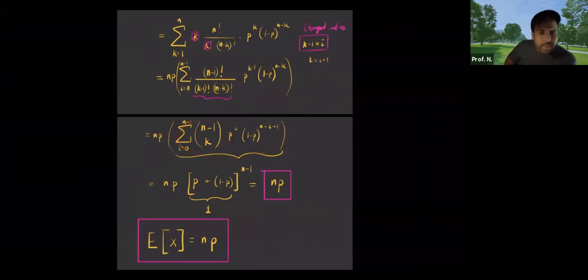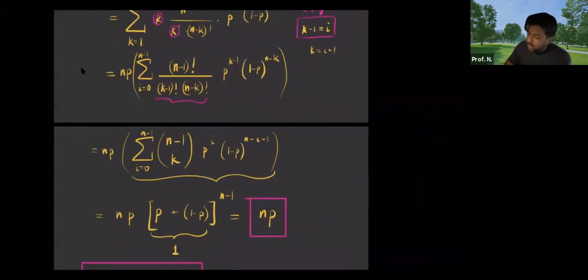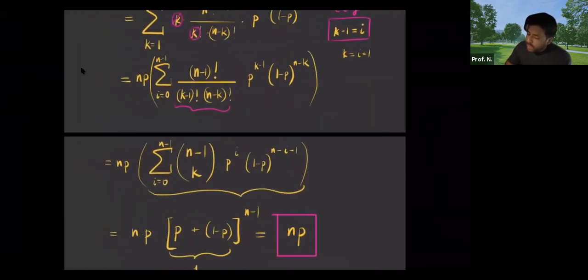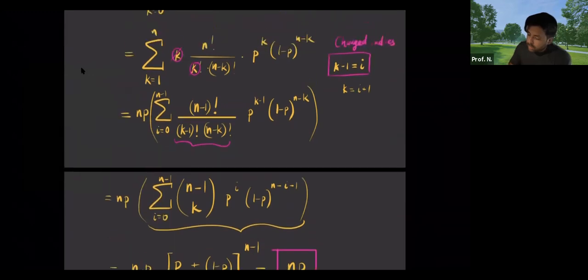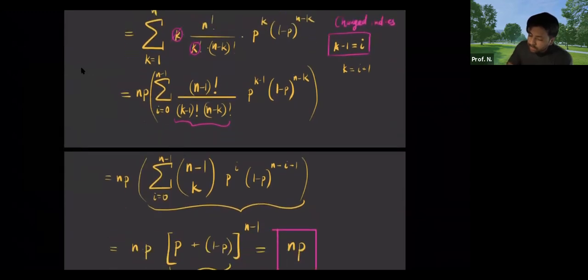Did you forget to replace the k with i plus 1? Yes. So if I replace the k with i plus 1 right here, I would get, so let me do this. Let me just rewrite this as n for now.